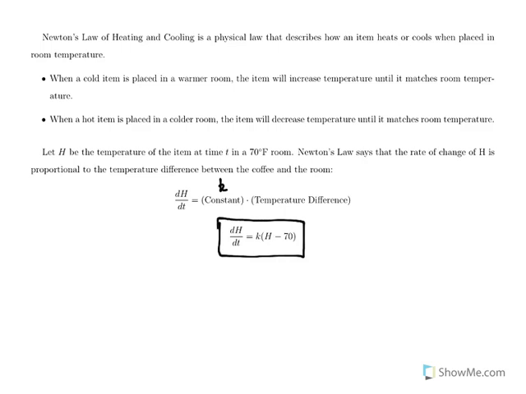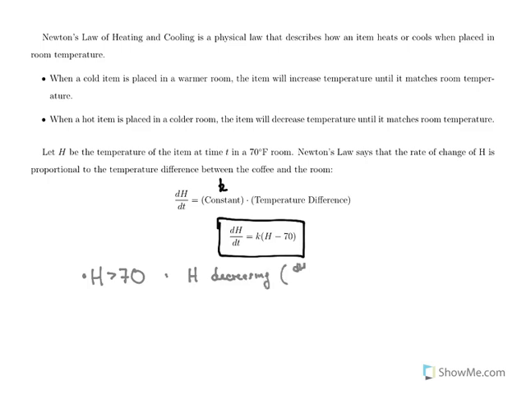And again, we can see that when the temperature of the item is bigger than 70, the temperature is going to decrease. And when the temperature is less than 70, it is going to increase. So when H is greater than 70, we are going to have that H is decreasing.